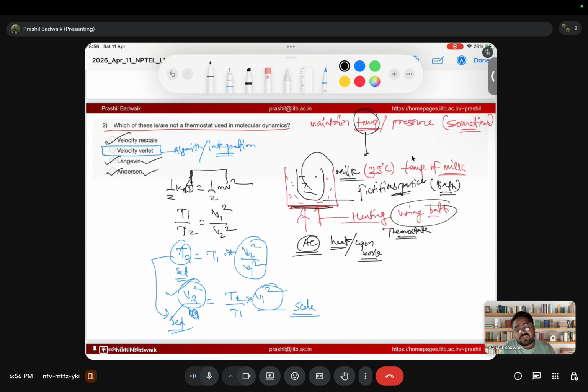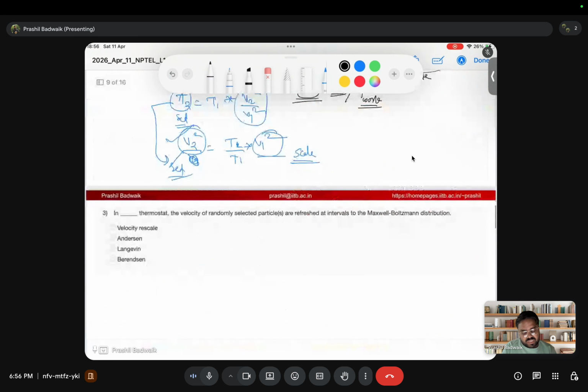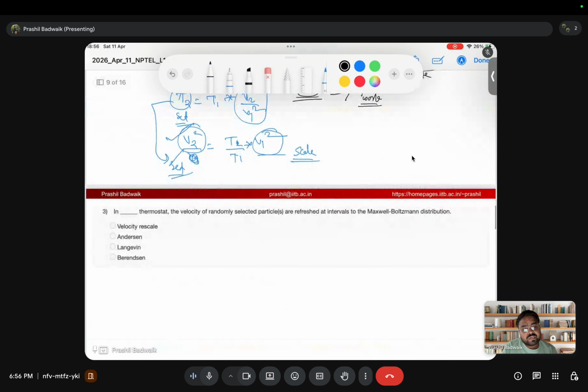And what the Anderson thermostat does, we are taking some of the particles from the system, and then we are changing their velocities. If we change the velocity of some of the particles, the entire velocity of the system also changes. So this is the function of the Anderson thermostat. That's where question number 3 is also already solved.